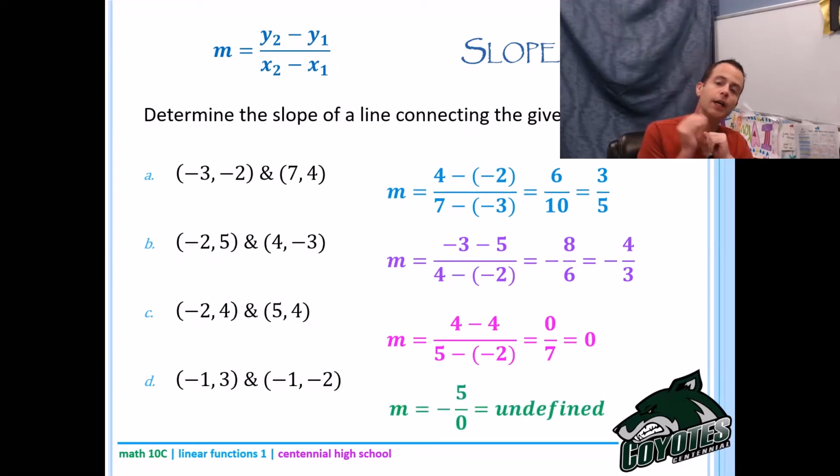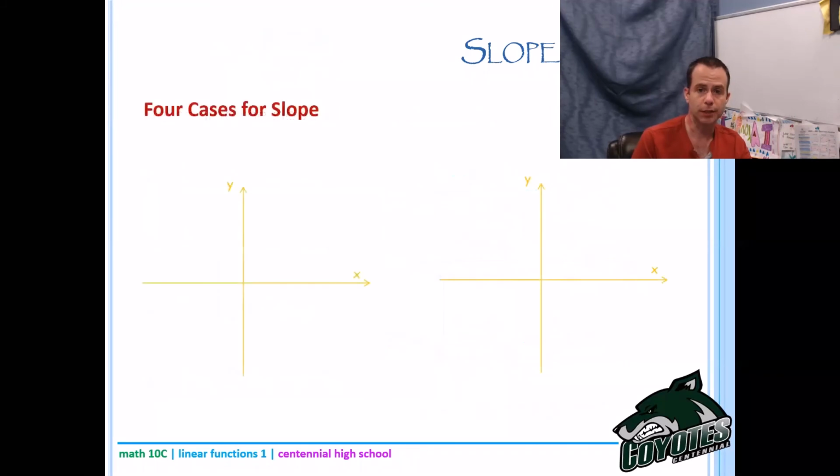Okay, now I've given you actually 4 different cases of slope here. The blue one here is a positive slope, the purple is a negative slope, the pink is a slope of 0, and the green is an undefined slope. And I want to walk you through what each of these slopes look like visually. Okay, so the 4 cases of slope: m is greater than 0, that means it's positive. When it's greater than 0, all graphs are read from left to right.